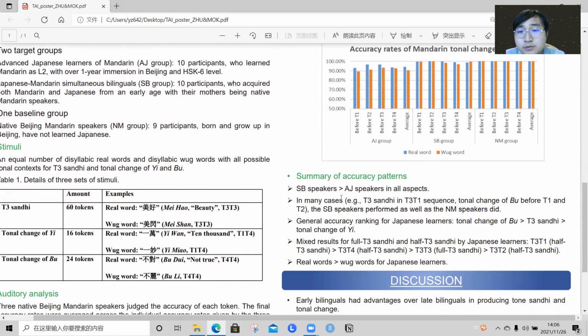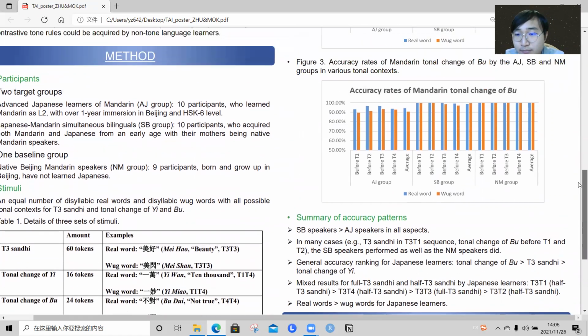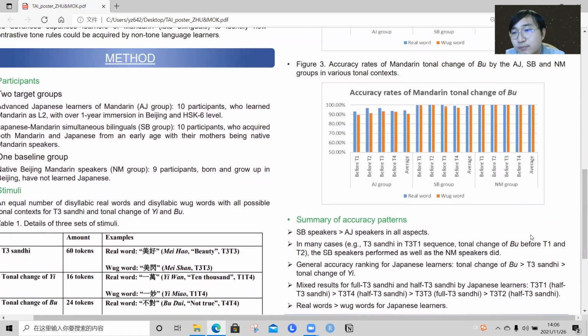Here's the summary of accuracy patterns. SB speakers outperformed AJ speakers in all aspects. And in many cases, for example, the tonal change of bu before T1 and T2, shown here, the SB speakers performed as well as the NM speakers did.